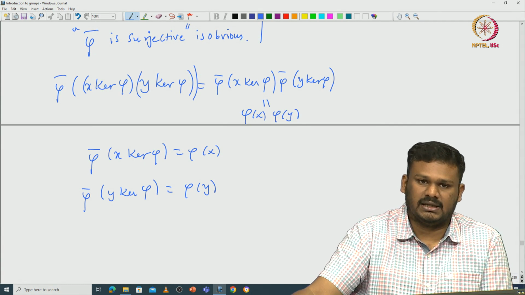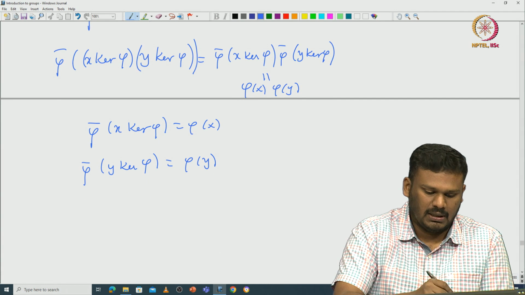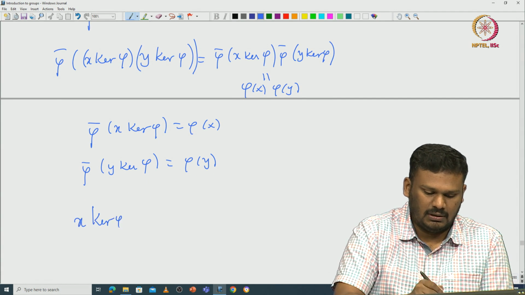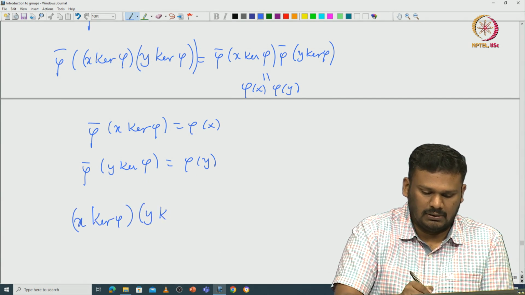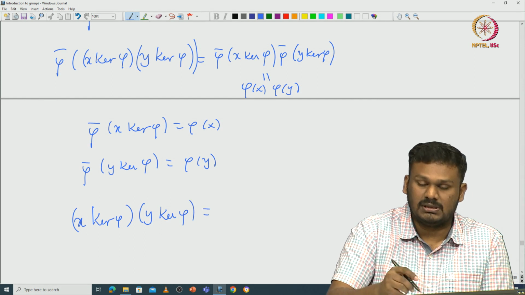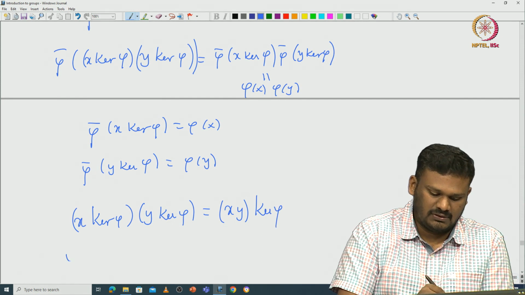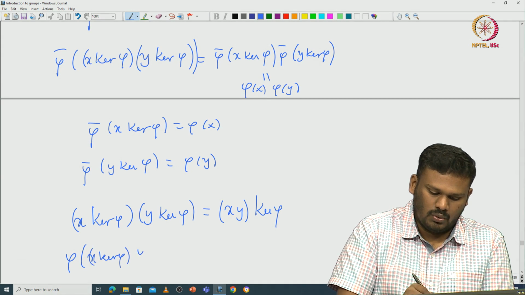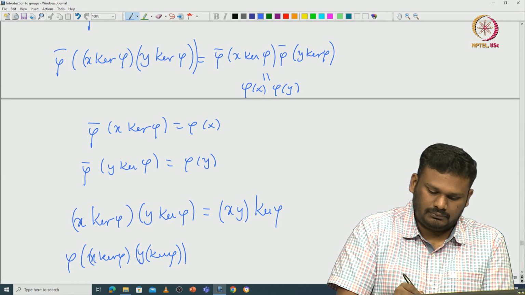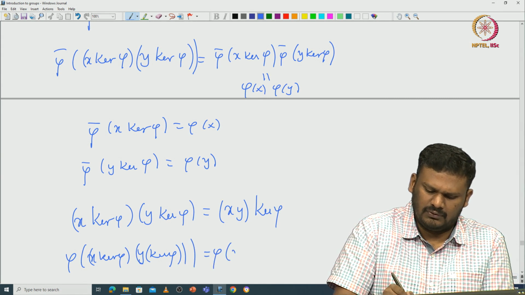What is on the left hand side? You can see that x kernel phi times y kernel phi, because kernel phi is normal, is exactly xy times kernel phi. So phi bar of x kernel phi times y kernel phi is exactly phi bar of xy kernel phi, which is exactly phi of xy.